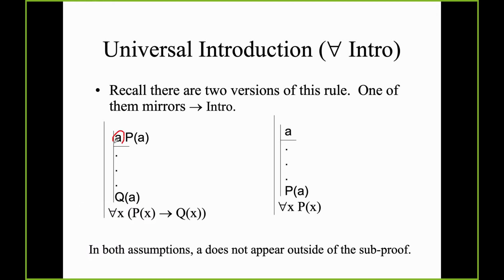In Fitch, this A is a hypothetical A. It's an arbitrary A. And we'll see in Fitch that it gets boxed up. Don't stress over these conventional sorts of things. You'll learn to work in it.